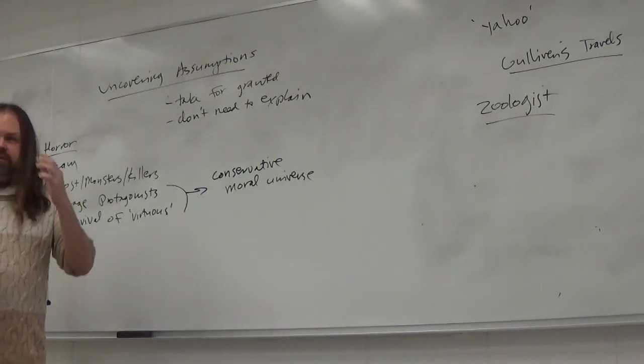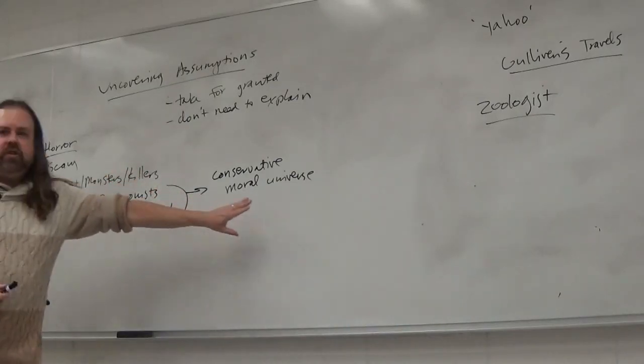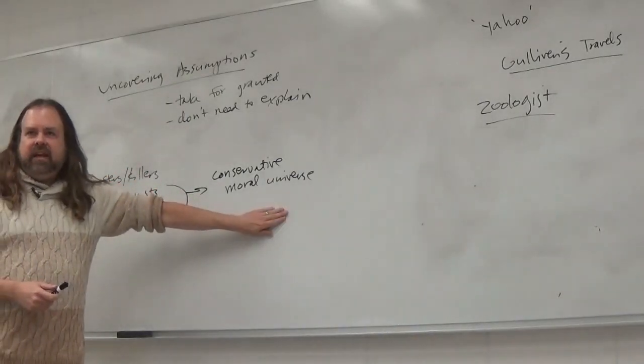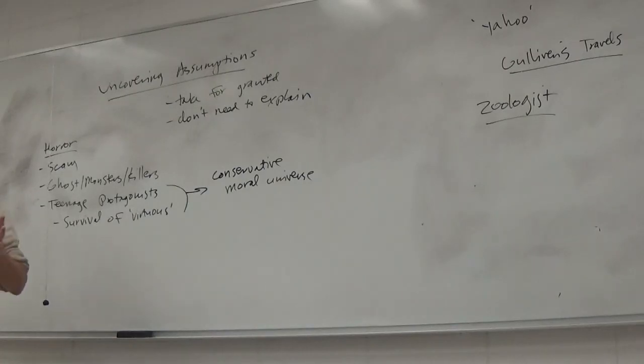So what we've done here is we've pulled out an assumption, right? An unstated belief that we've drawn out by examining a pattern in a bunch of films of a similar type, right? And you can do this with just about any text that you're looking at, right?